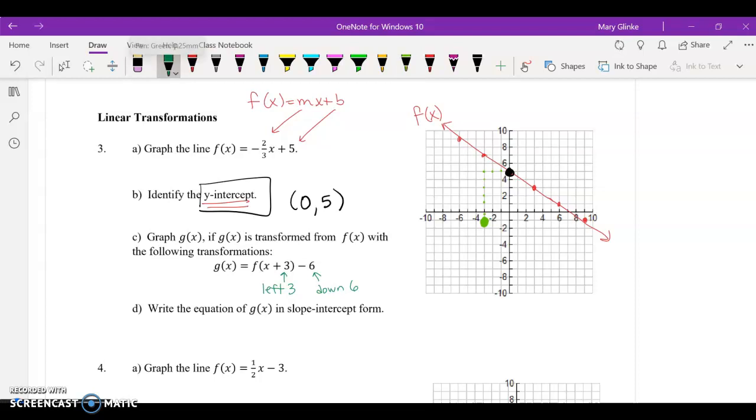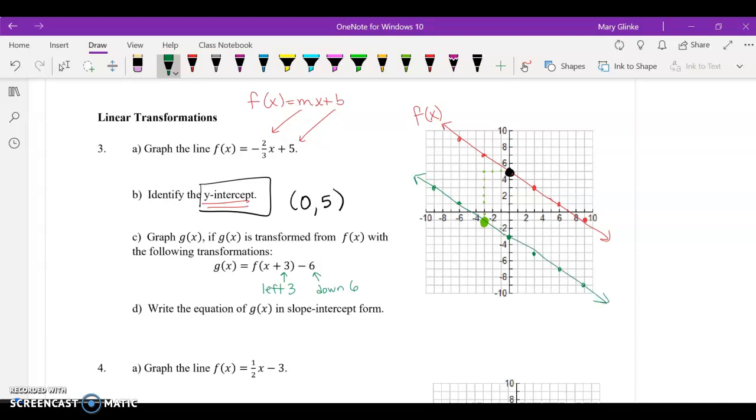Then our slope for this one is not changing. So from this point, we can now extend our slope of down 2 and over 3. Or what you can do is take another point and move it left 3 and down 6, and you get your new points to graph. You can keep that pattern up to graph our new function here.